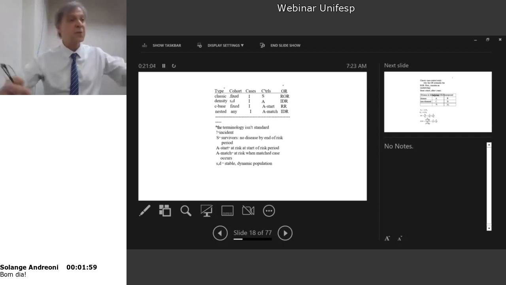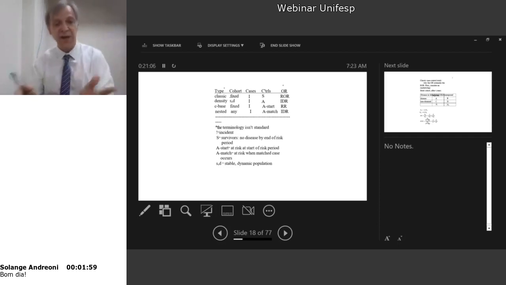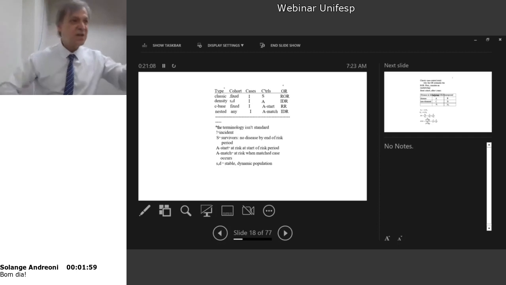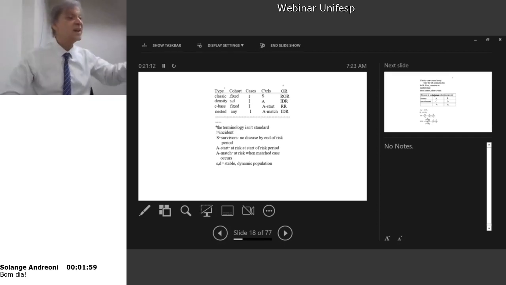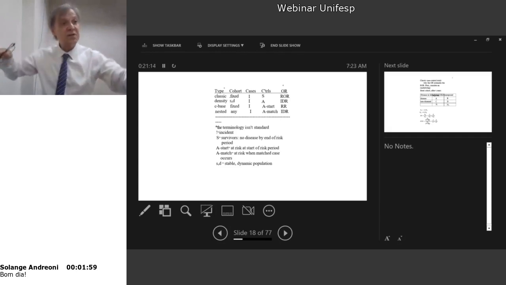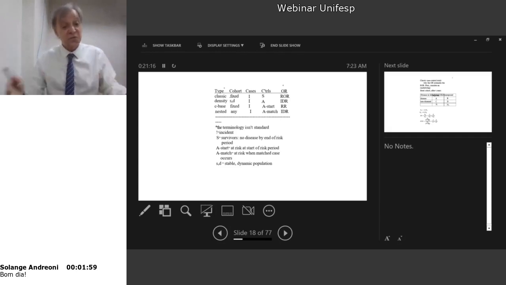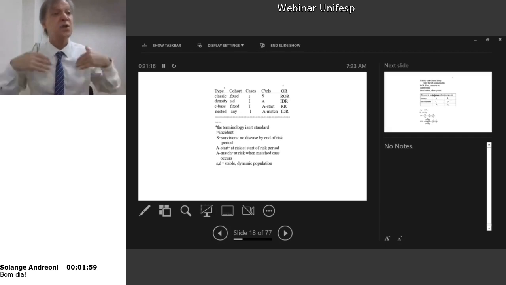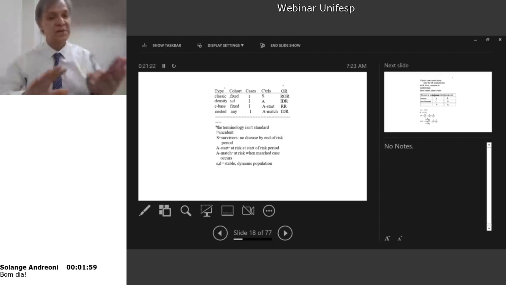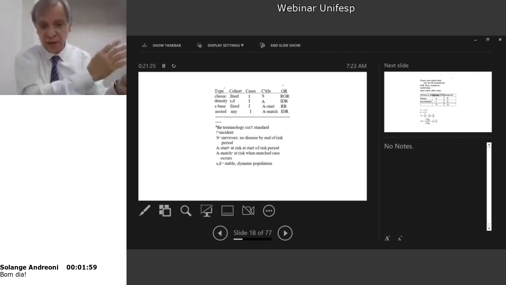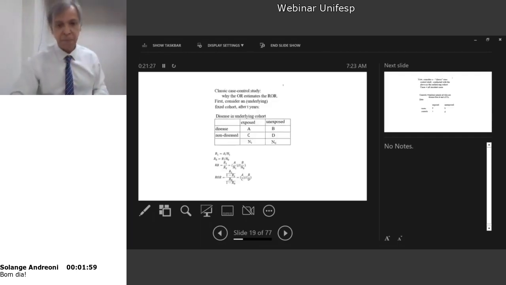So you usually have a large, stable, dynamic, steady state population, meaning the number of people dying and the number of people coming in, because they're born or migrate in, is steady and constant across the years. If you have a situation like that, yes, you can extrapolate the measures of incidence rate and risk to the whole population. And I showed you before, review that lecture, there's an explanation for it.